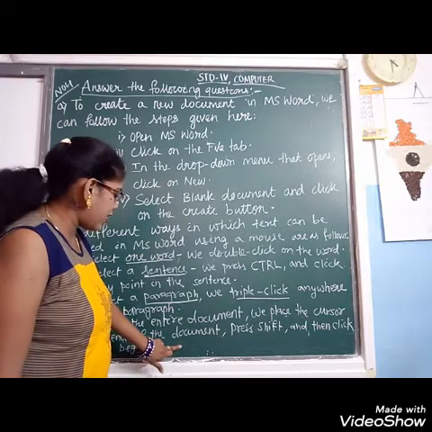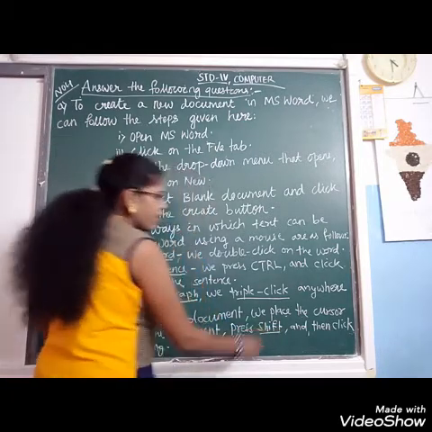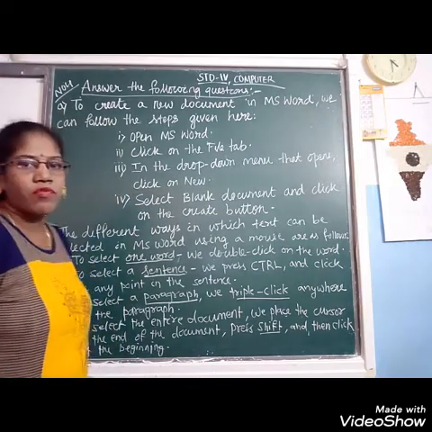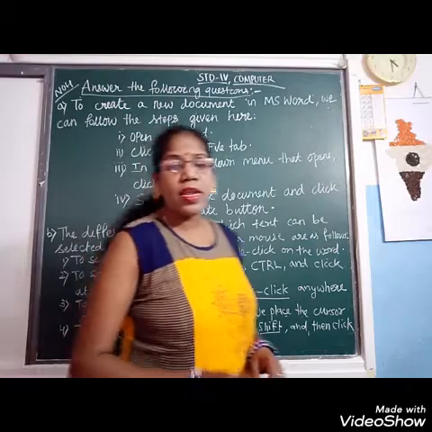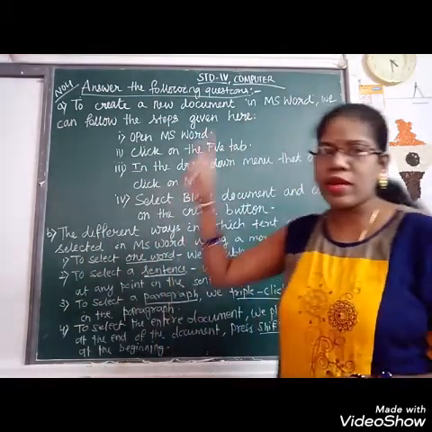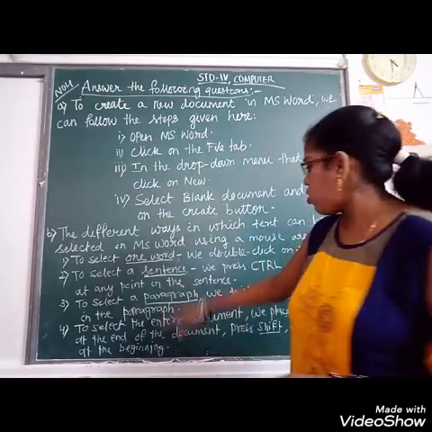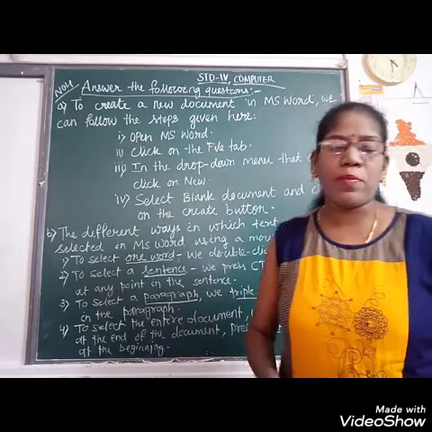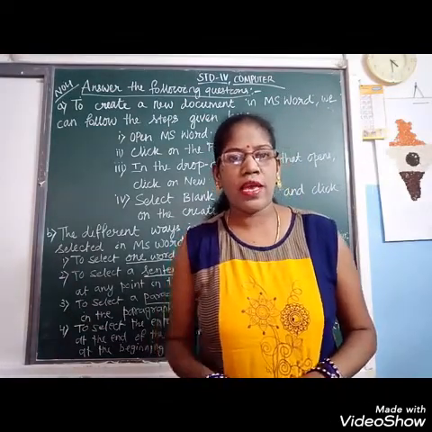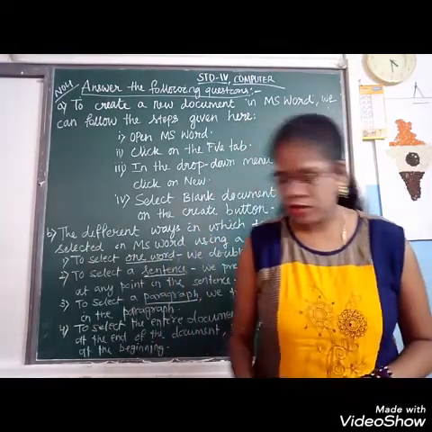You bring the cursor at the end of the document and press Shift and then click at the beginning of your document. So the entire document will be selected. Or you can press Ctrl plus A. So this is how we can select the entire document.